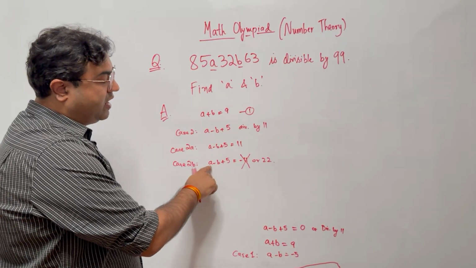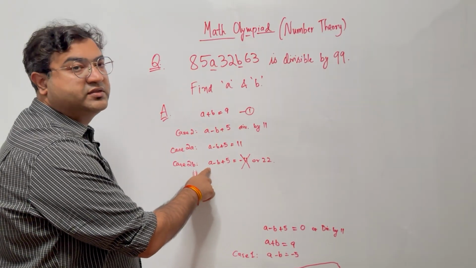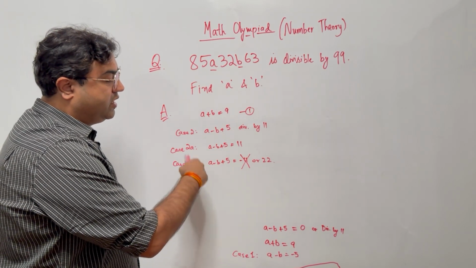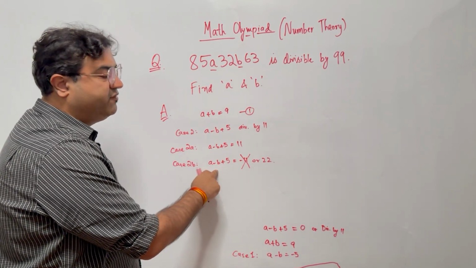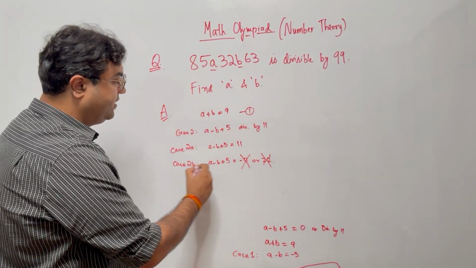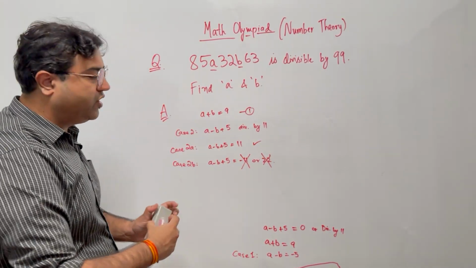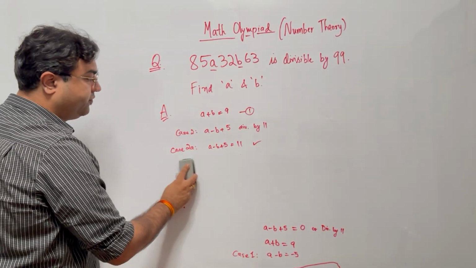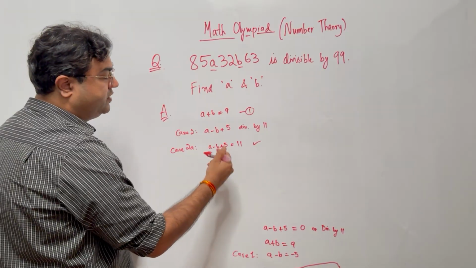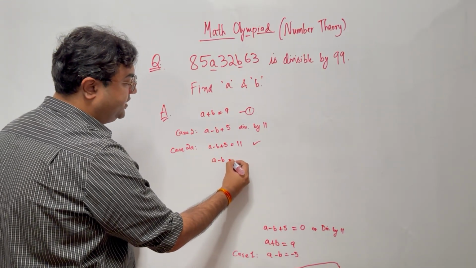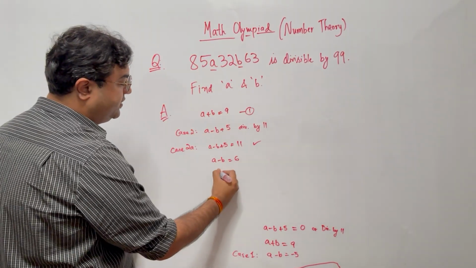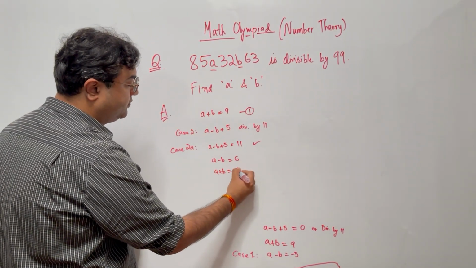The highest value A minus B can have is 9, because A is 0 to 9, B is 0 to 9. 9 plus 5, the maximum it can go to is 14. So this also is ruled out. So only this case will remain. So I will erase this. Let's say if we have A minus B plus 5 is 11, that means A minus B is equal to 6. And we know A plus B is equal to 9.